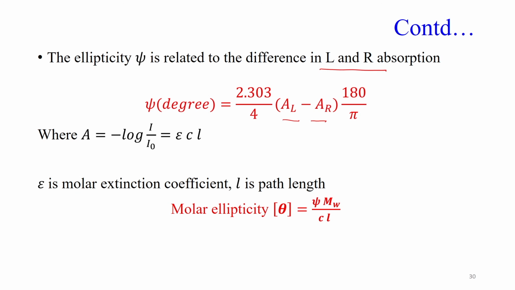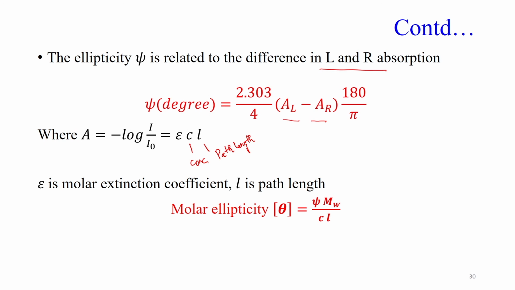So, it comes in degrees, where A is the log of the intensity I upon I naught, the initial intensity upon the intensity at time t, that we can relate with the Beer-Lambert law: A = epsilon C L. So, epsilon is the molar extinction coefficient, C is the concentration, and L is the path length.